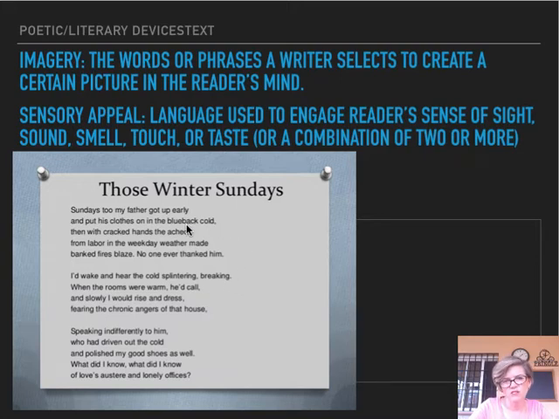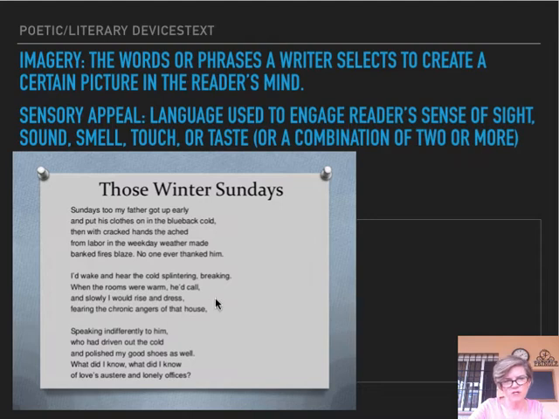Anyway, what you have here is visual appeal to the cold, the blue-black cold. You have appeal to our sense of touch with cracked hands that ached, and then you have temperature or touch and visual appeal with the banked fires blazing, and then you've also got sound and touch appeal with this cold that splinters and breaks.